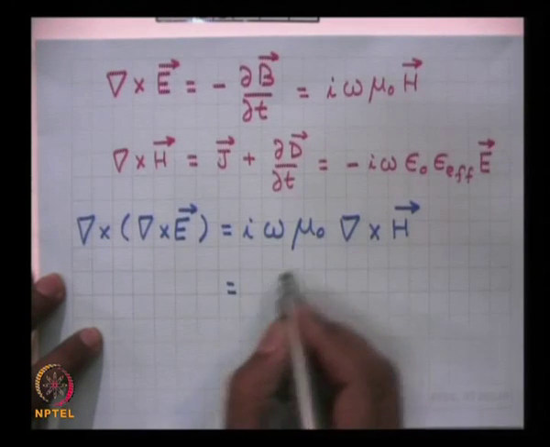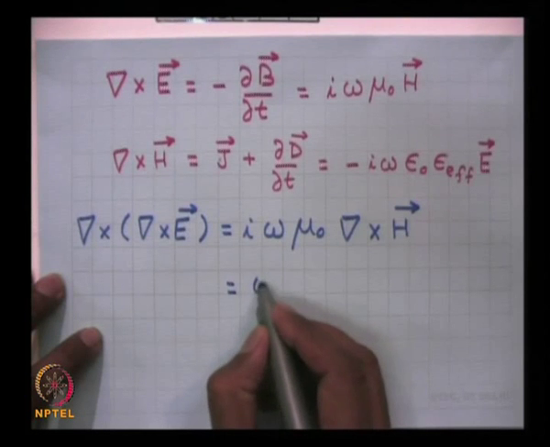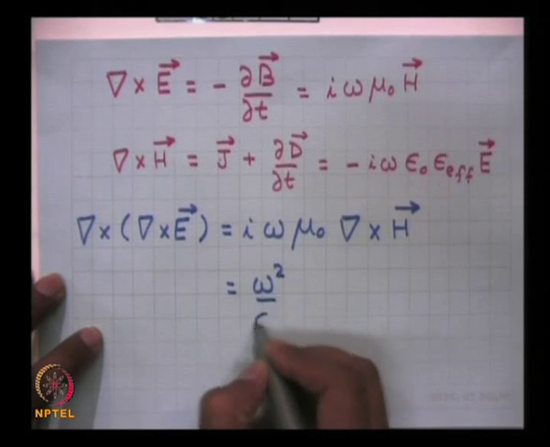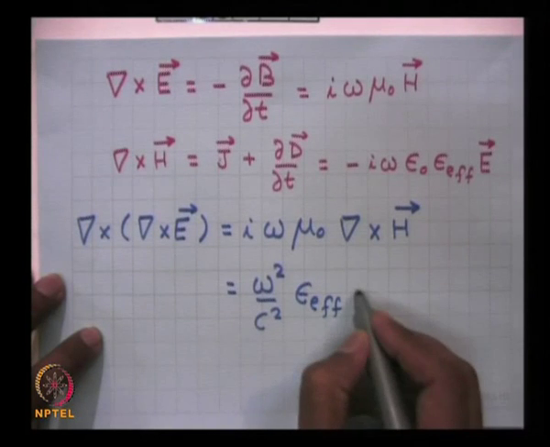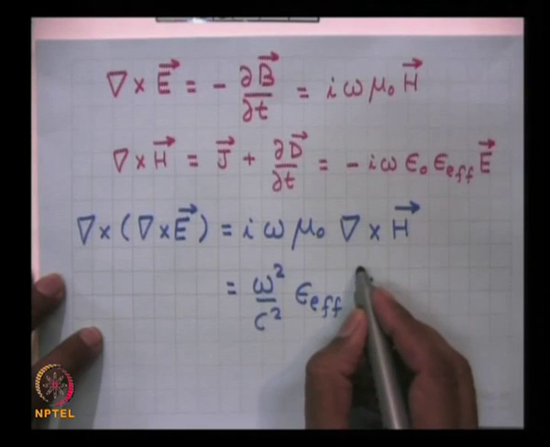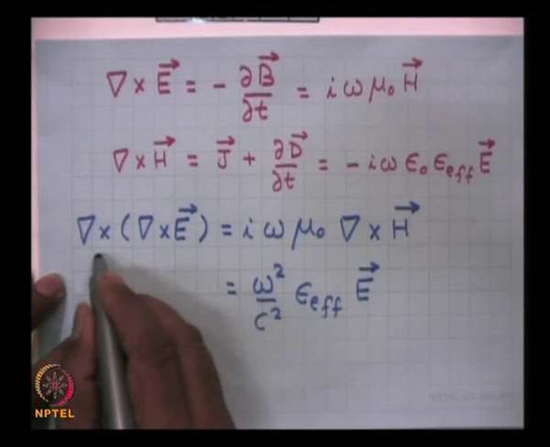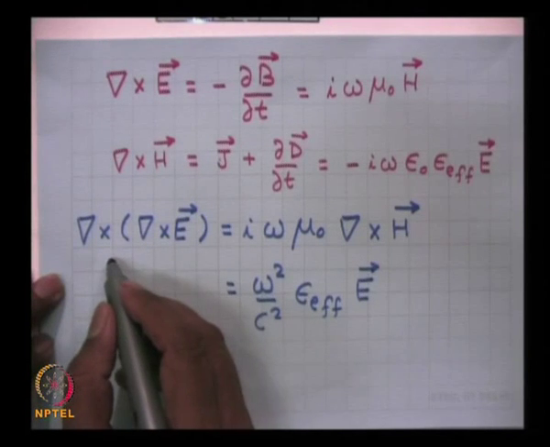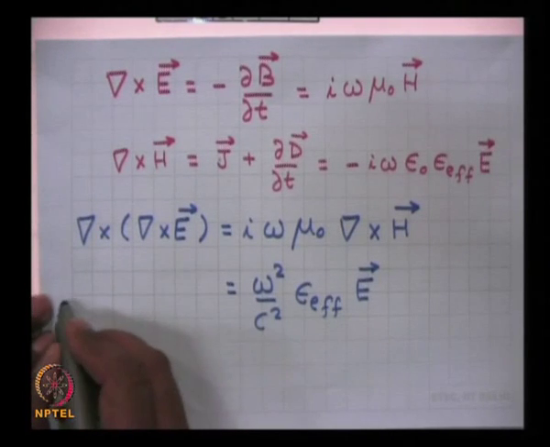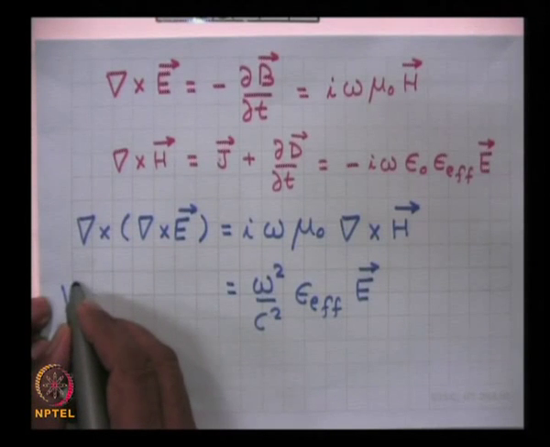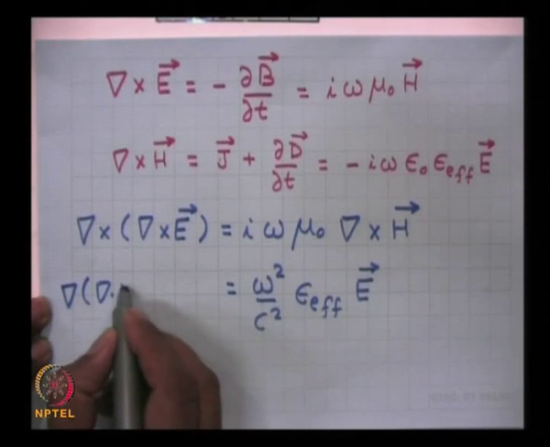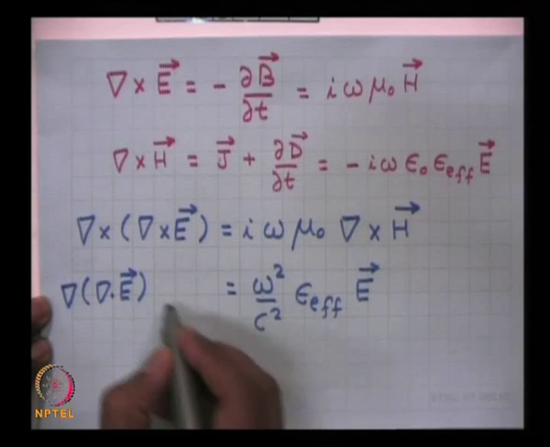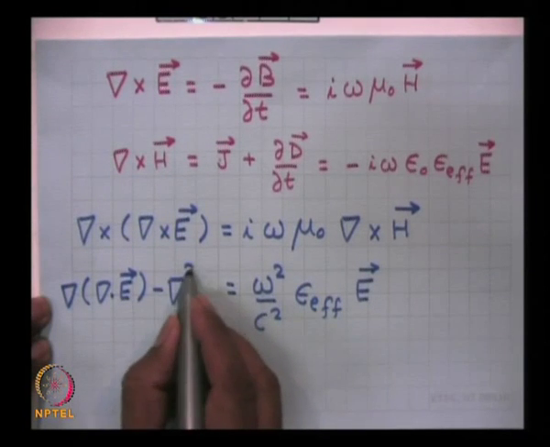So, the right hand side becomes ω²/c² ε_effective into E, and this I can break using vector identity into gradient divergence of E minus del square of E.